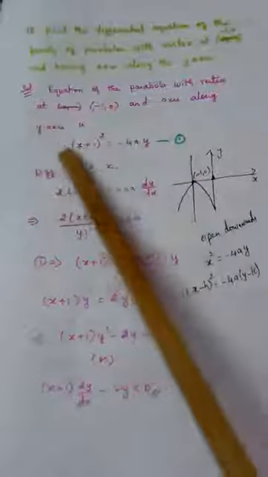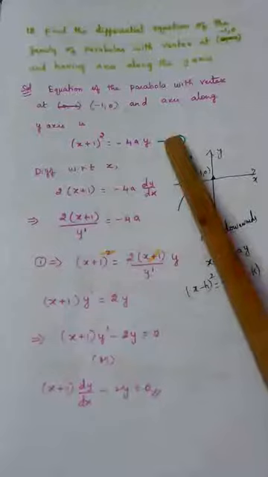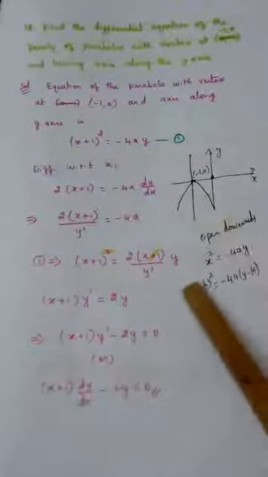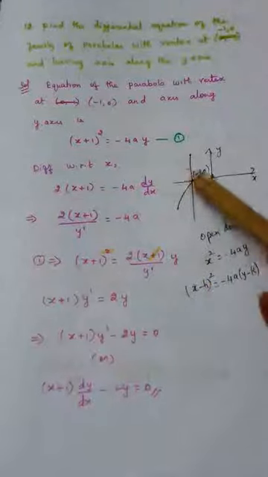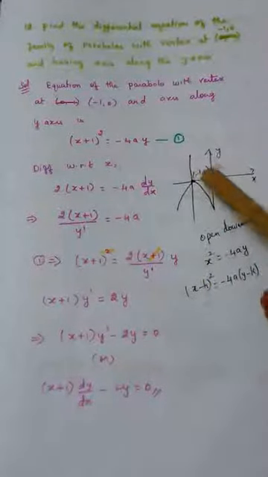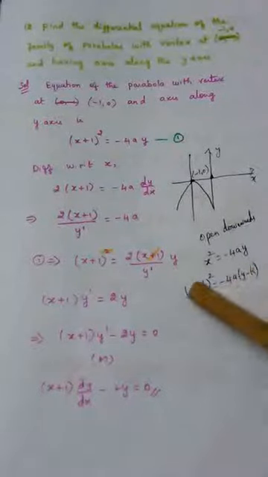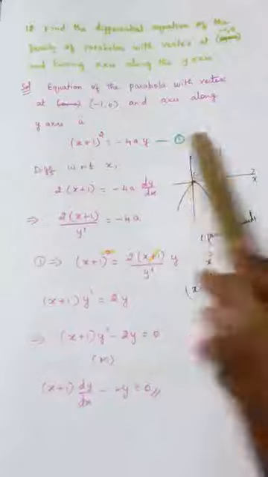Understanding this and writing this equation is a very important thing. Again I repeat, from the diagram the parabola opens downwards, the general equation is this, where h, k is nothing but the vertex. Here the vertex is at (-1, 0), so h is -1, k is 0. Substituting that here, you get this equation, which is called the first equation.